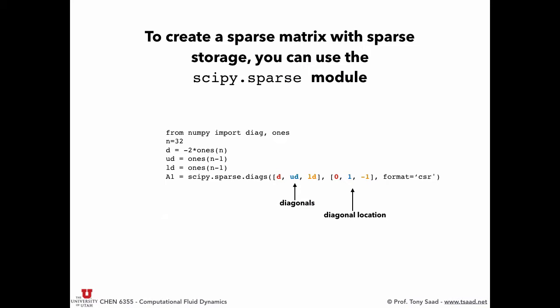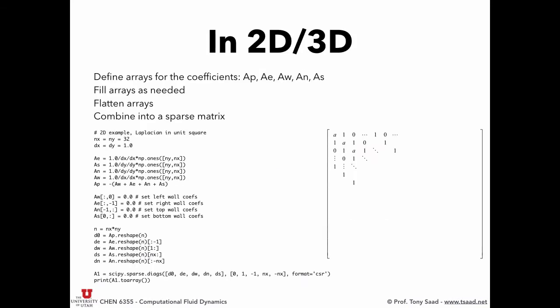Another way to do this, though, is to think, if you don't know what these entries are, ones and twos and whatever, you write down your discretization. So remember, when we discretize the Poisson equation, it gives you a system of linear equations. And you just combine the coefficients on the left-hand side with the unknowns next to each coefficient multiplying an unknown. If you remember the Poisson equation in 2D, we had the central coefficient, AP, east coefficient, A east, A west, A north, and A south.